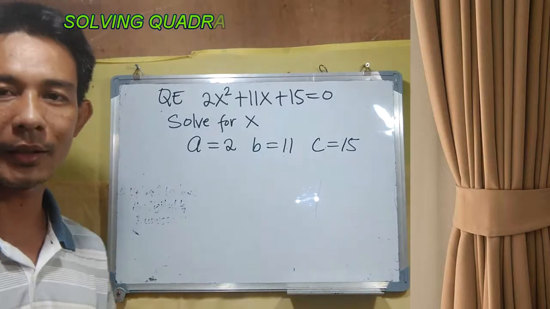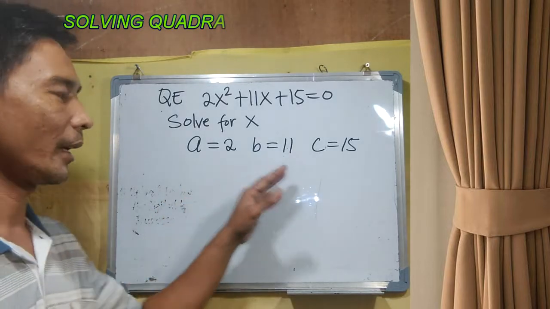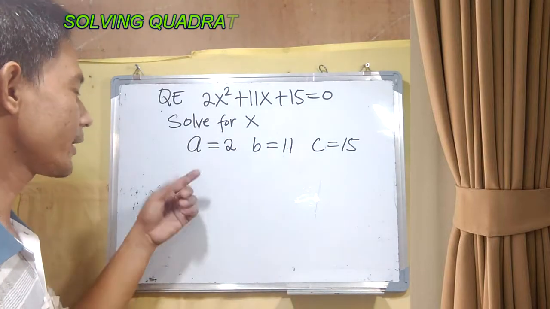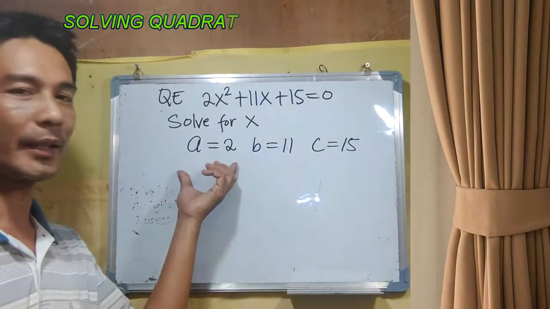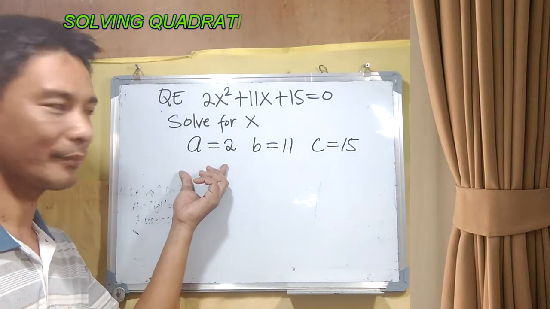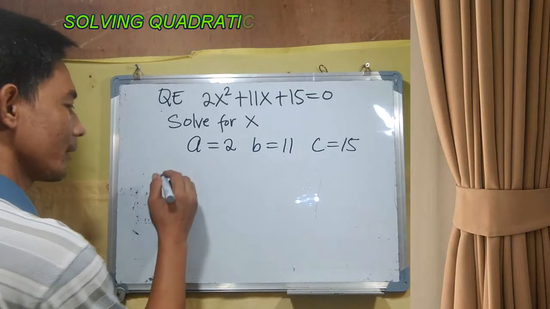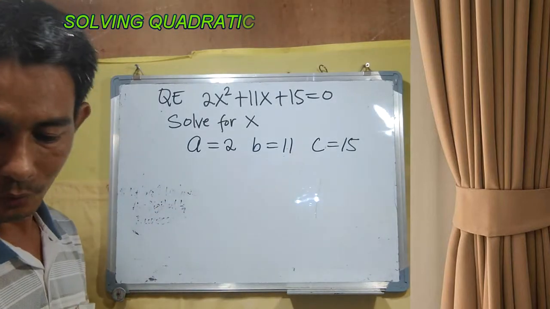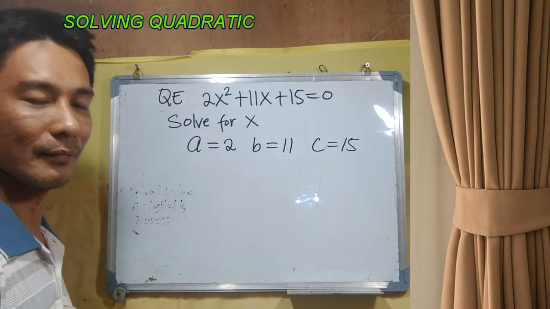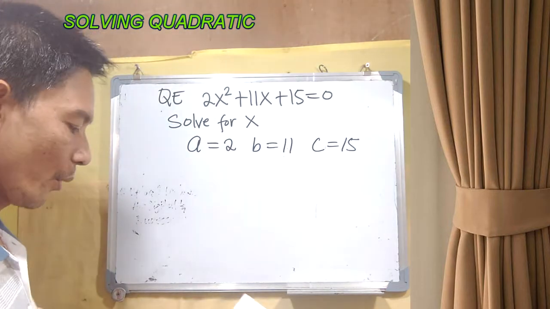So we have already here our values of a, b, and c. And the first step that you're going to do is factor a. So the factors of a, we are going to write that in this way.